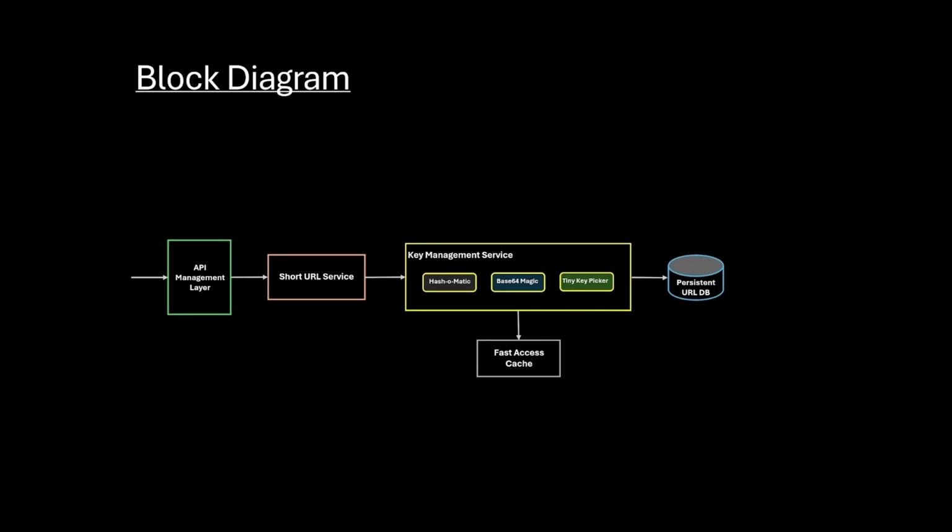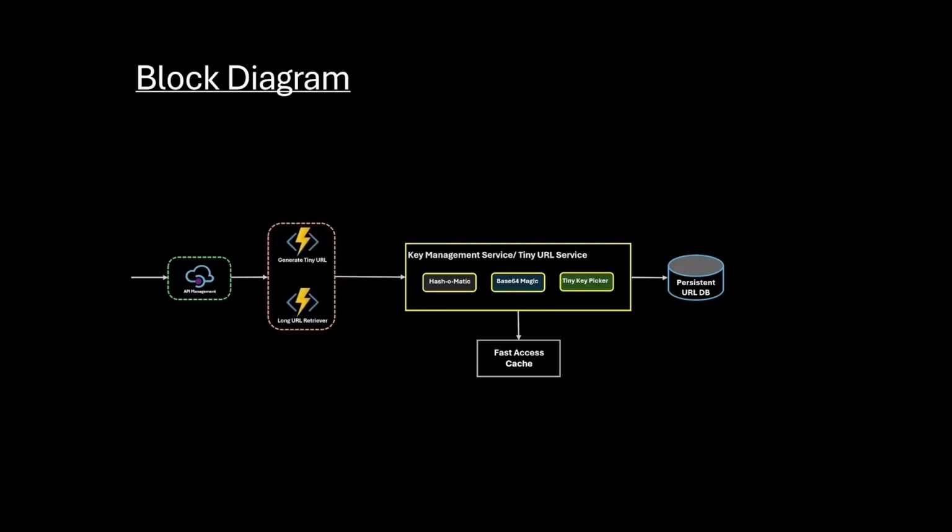So let's start with replacing these components with the actual Azure services. First, the API management layer. It will be replaced with the API Management service of Azure, which is basically used to create RESTful endpoints.